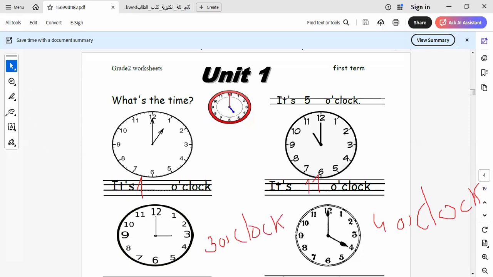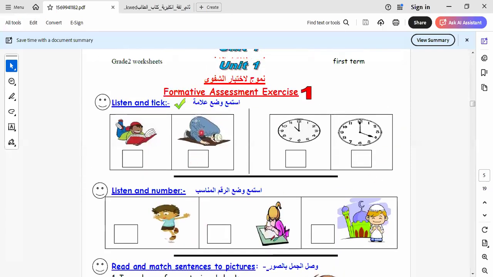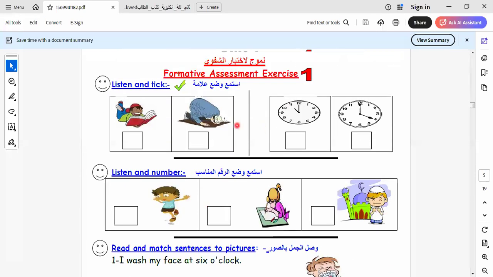Let's go to another one. Here is an assignment. Let's do it together. Here is lesson and take. When I say play, I say for you play.